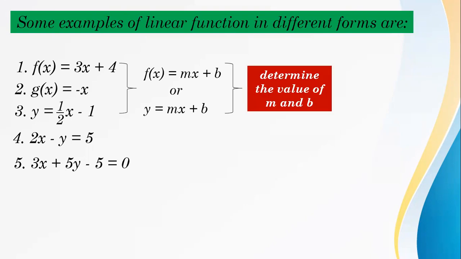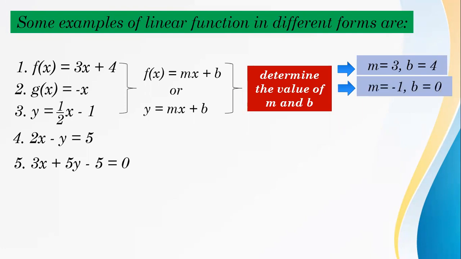So f of x means y. Now let us determine the values of m and b. Number one, your slope m equals 3, and b, your y-intercept, equals 4. Number two, m equals negative 1, and b equals 0.